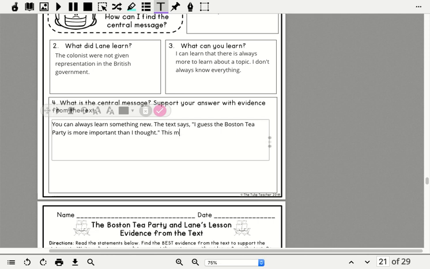This makes me think that even though Lane thought he knew all about the Boston Tea Party, he learned more from Mr. Williams. Okay, nice job.